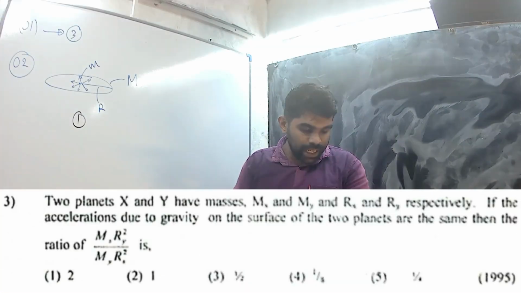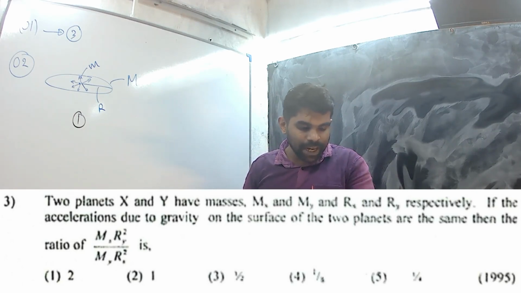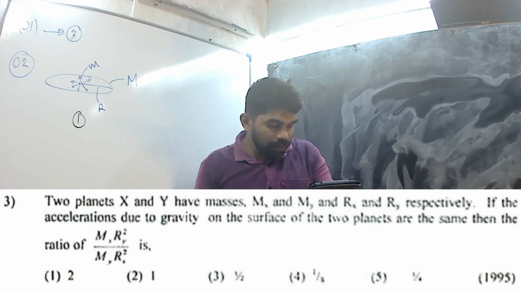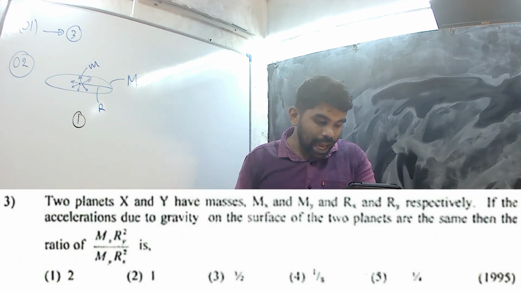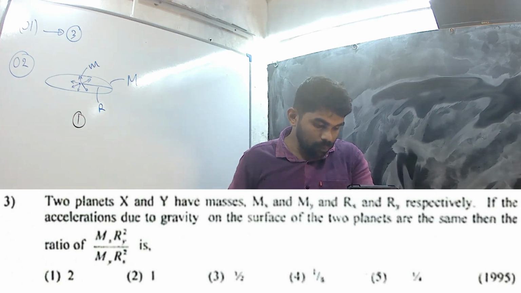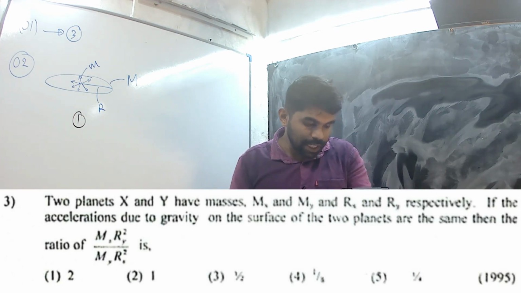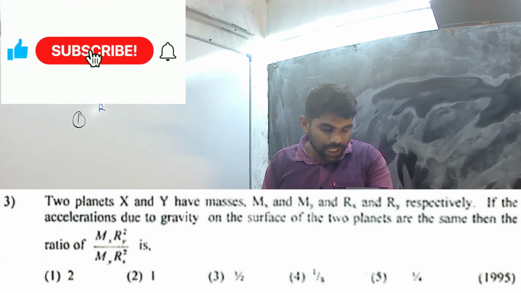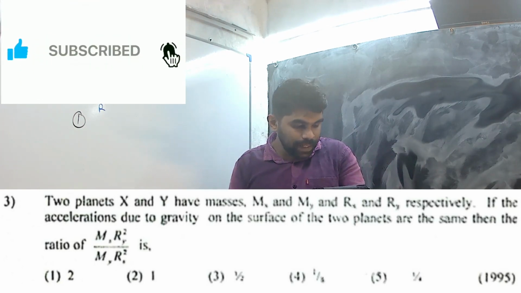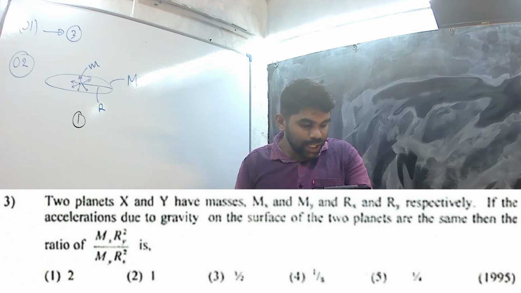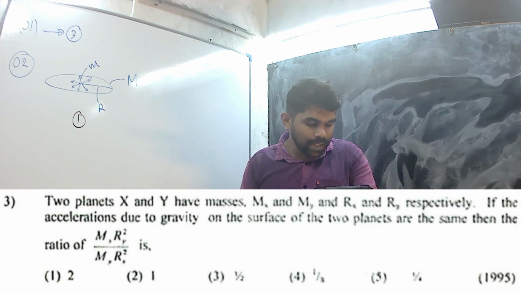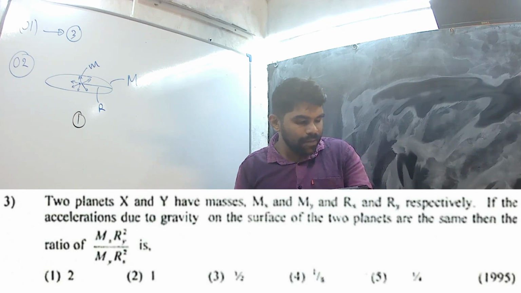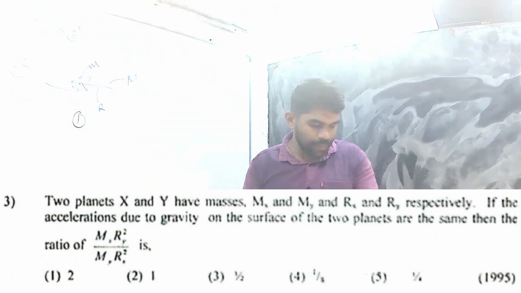Then question number 3. Two planets X and Y have masses Mx and My, and radii Rx and Ry respectively. If the acceleration due to gravity on the surface of the two planets is the same, then find the ratio of Mx Ry squared divided by My Rx squared.